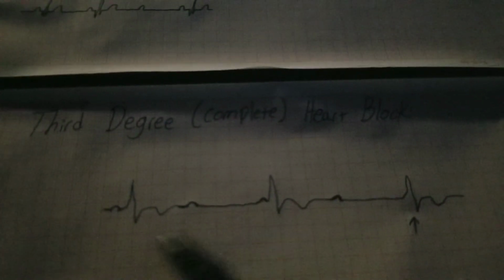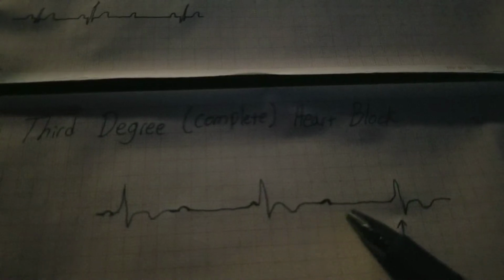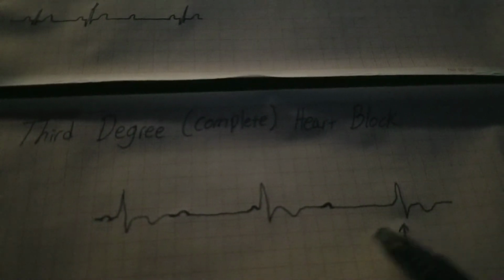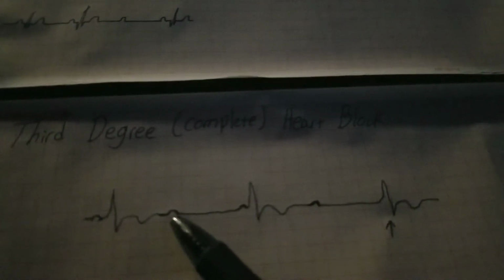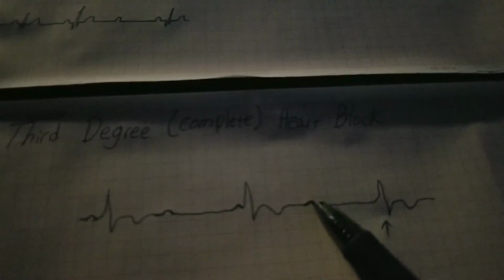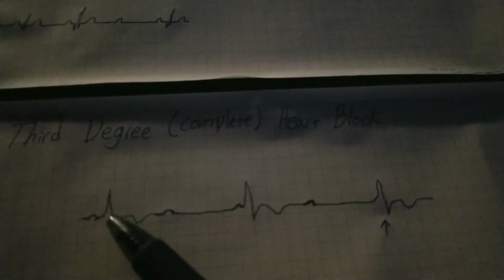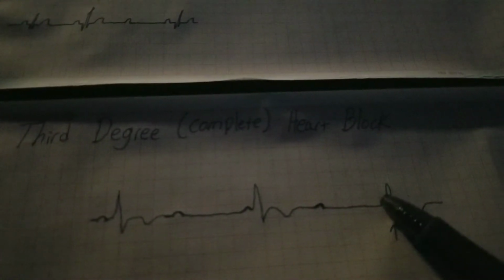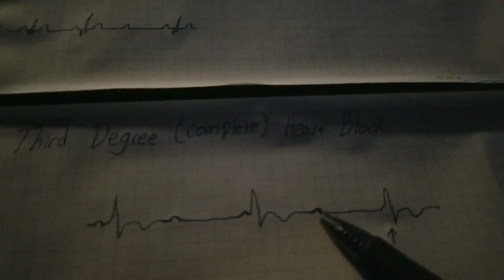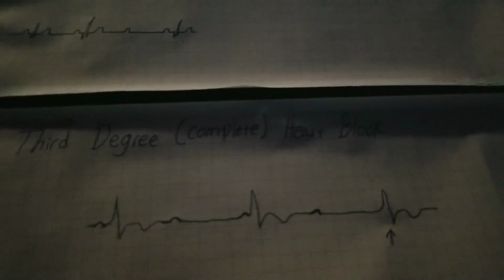It may never repeat in this same order with these same PR intervals and things of that nature. Like you see here, there's a P wave with no complex, another P wave with no complex. The ventricles are carrying out their own thing at their own pace, and the atria are carrying on their job at their own pace, but they're not communicating.